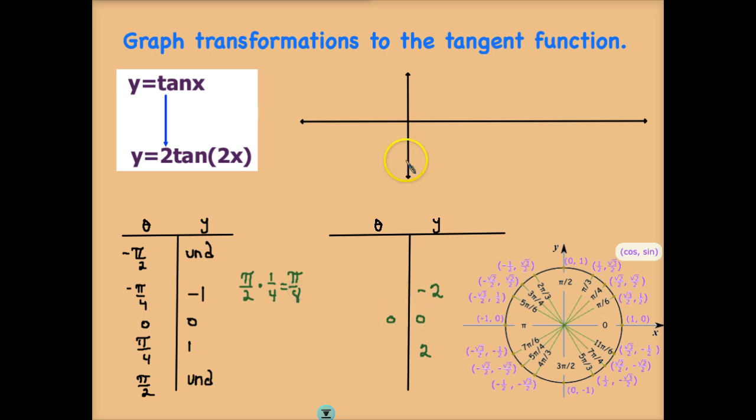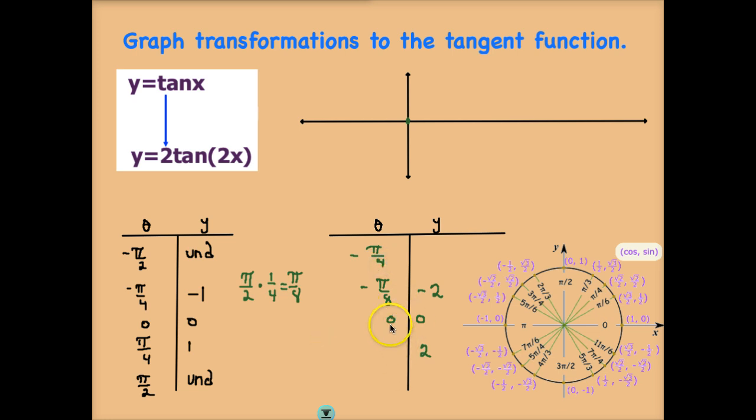So we're starting here with 0, 0. We have a point here at 0, 0. We would want to subtract pi over 8 to get our next theta. So instead of being at negative pi over 4, it's now at negative pi over 8. Then we would want to subtract another pi over 8, which would leave us with negative 2 pi over 8, or negative pi over 4.